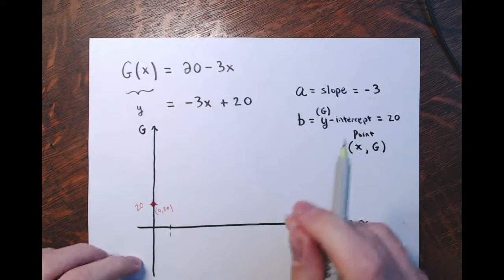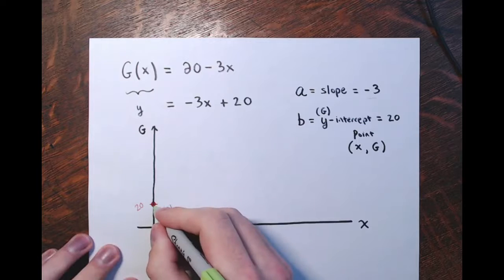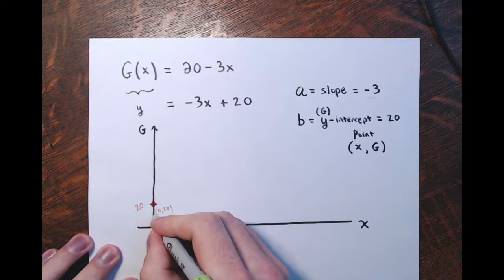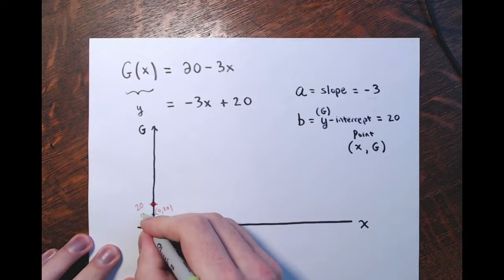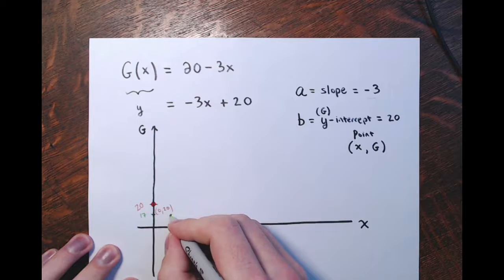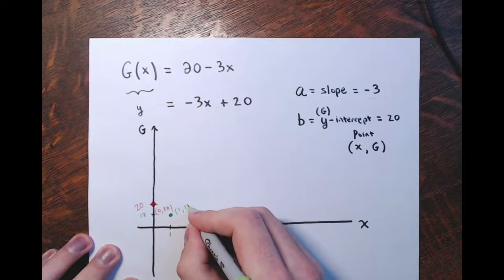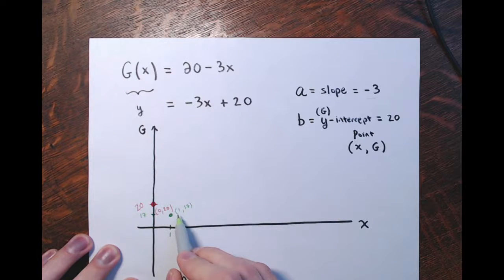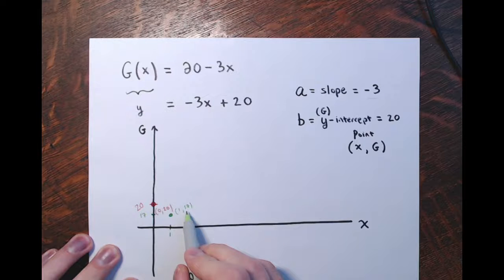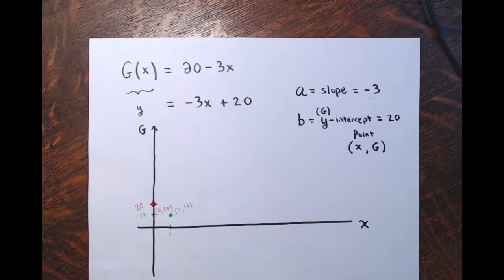This is a slope of minus 3. So if I go from 20, down 3 units would be 17. So here's another point on this line, 1, comma, 17. So if they got 1 minute of shade every 2 hours, the plant would only grow 17 centimeters.